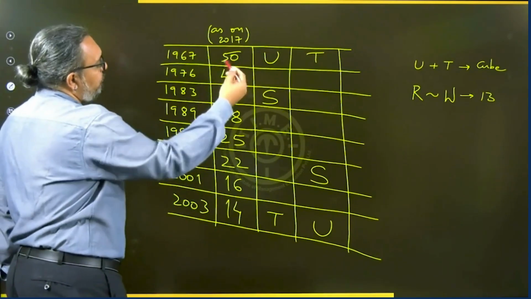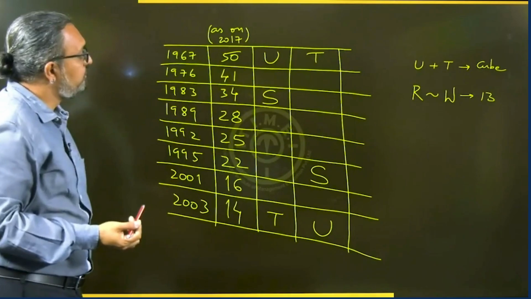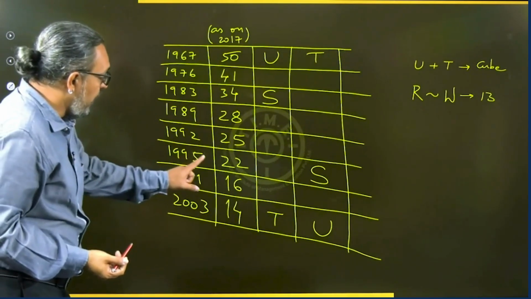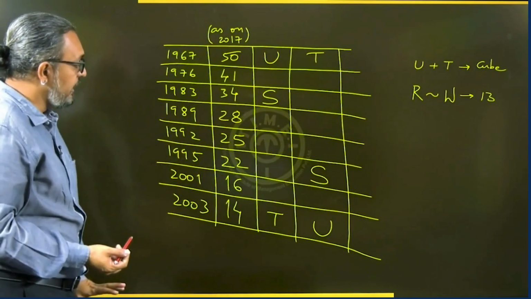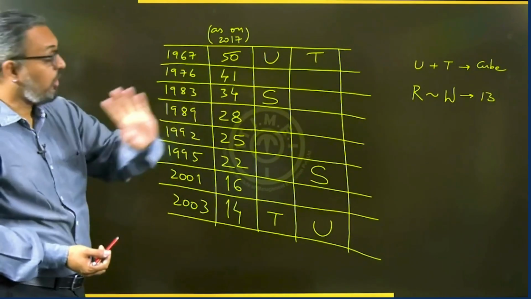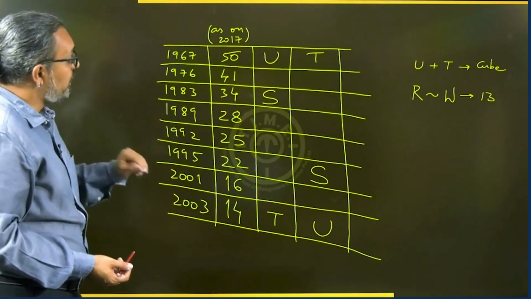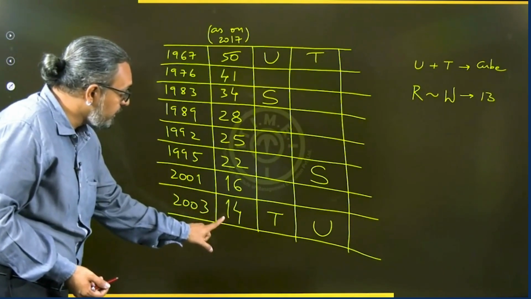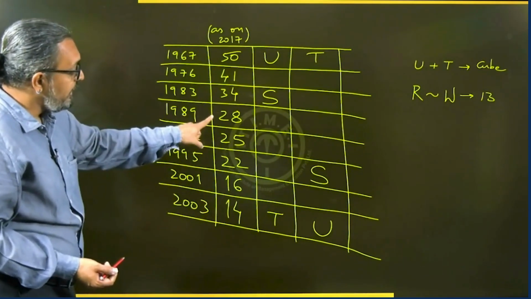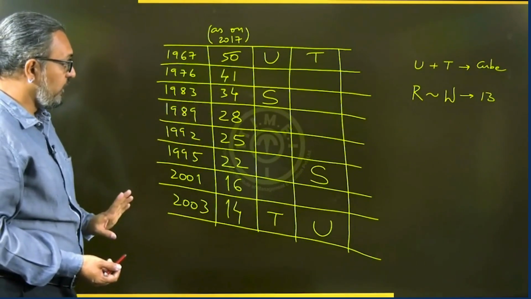Now here 50 and 41, no. 50 and 34, no. So we have 16 and 25 is 9, no. 16 and 28 is 12 we are getting, but not 13, correct? Now where else, 34 and 25 is 9. Now what about 14 and 28? No, that is again 14 only, correct?